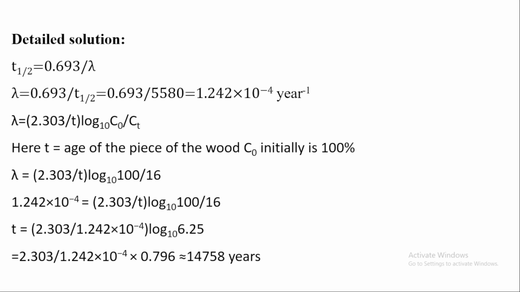If the initial was some x, the final will be 16% of that x, so the ratio will be same. Rest of the formula is same. You just substitute the values to solve for T. I hope this is clear now. Yes, it is clear.